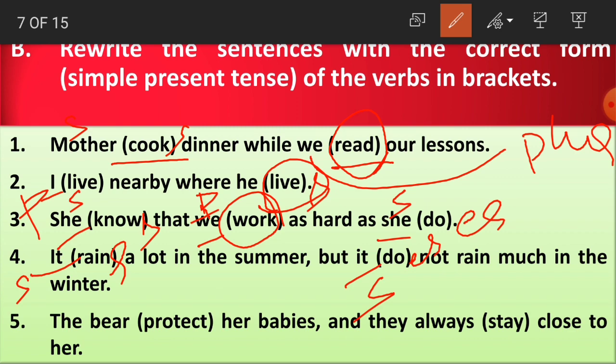Clear, children? Yes. Mostly, if you observe, words like go and do, these verbs are ending with o. For these types of words, normally, mostly, we are adding es.